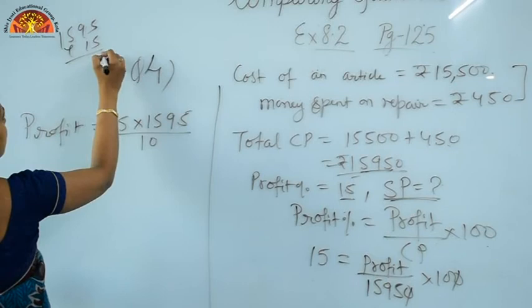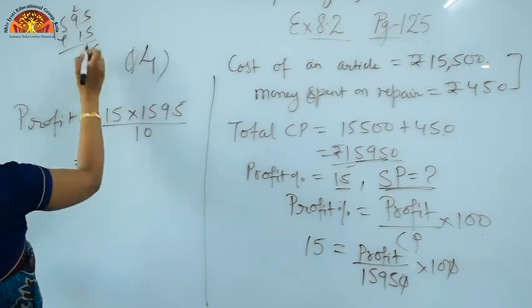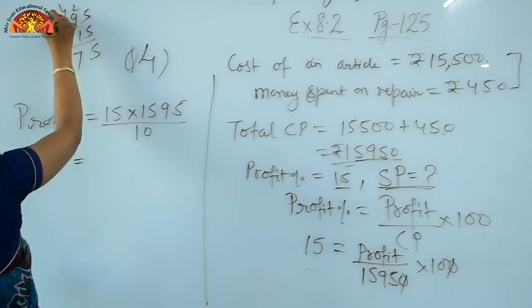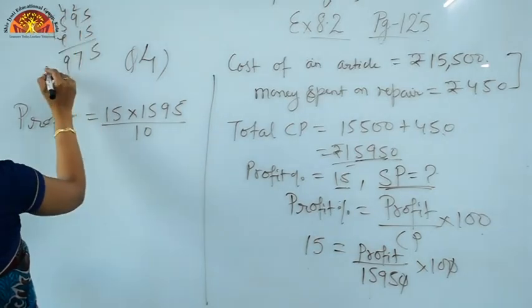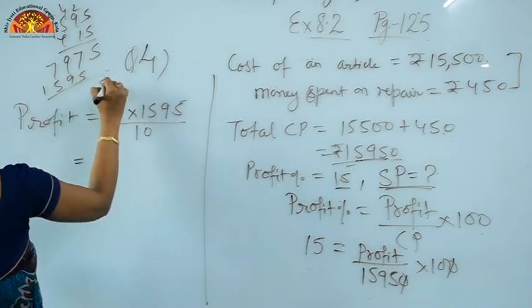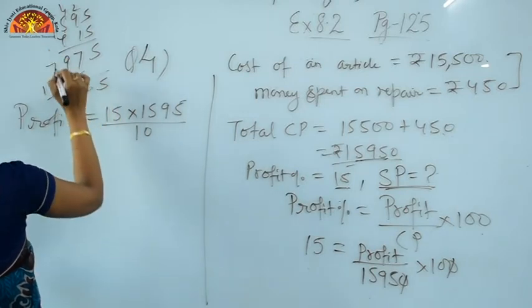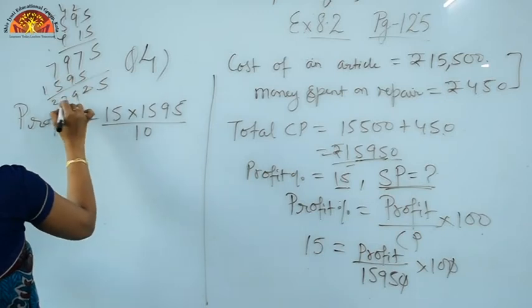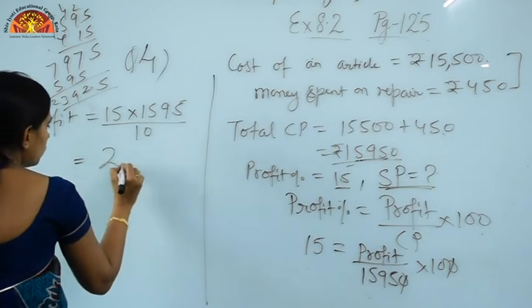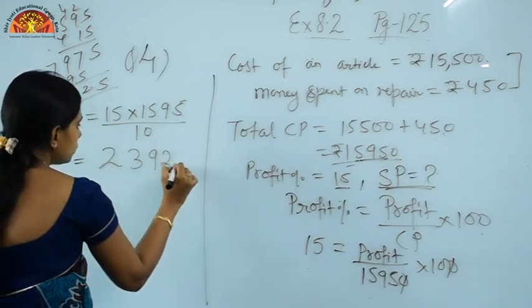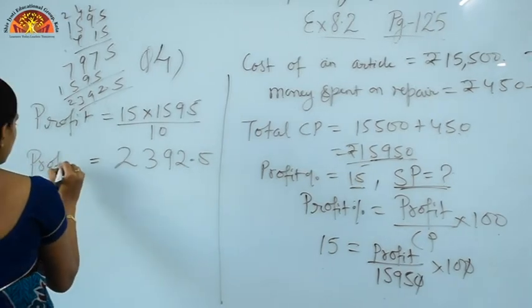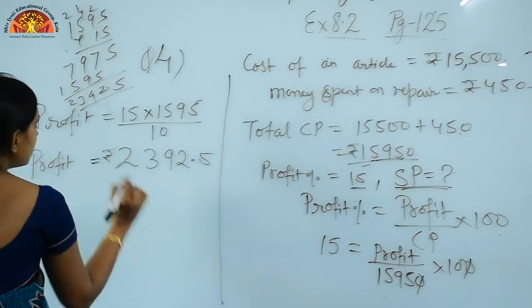So 5 5s are 25, 5 9s are 45 plus 2 is 47, 25 plus 4 is 29. 5 1s are 5 plus 2 is 7. So 1595 into 15, that is 2392.5. This is the profit, but you are asked to find out the selling price.